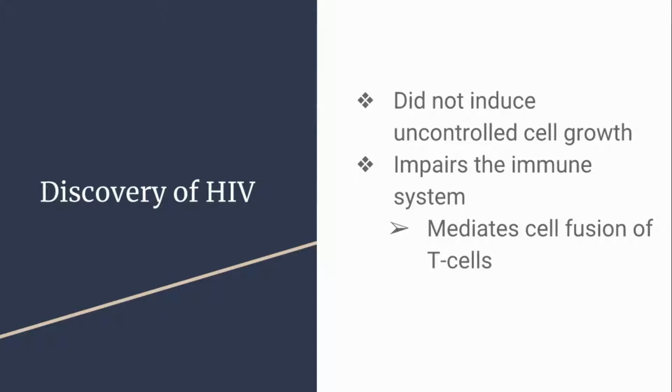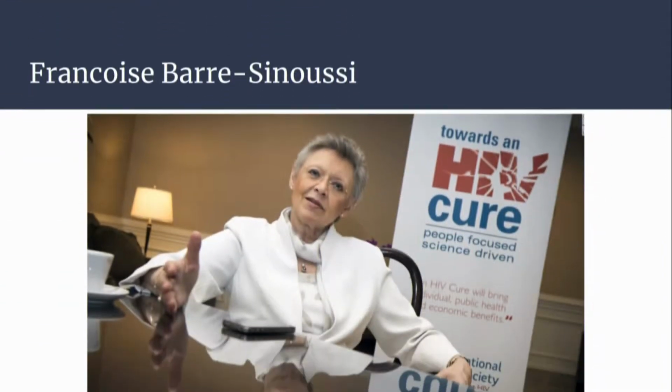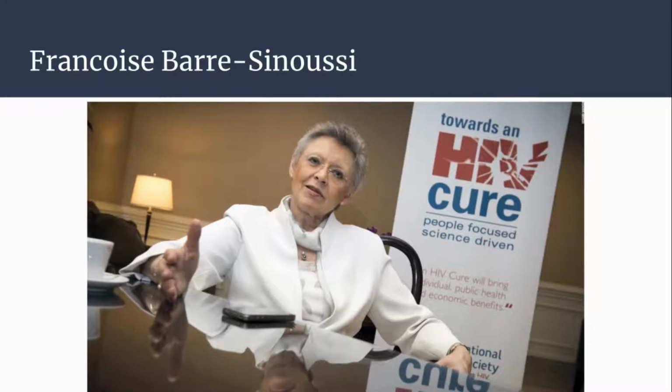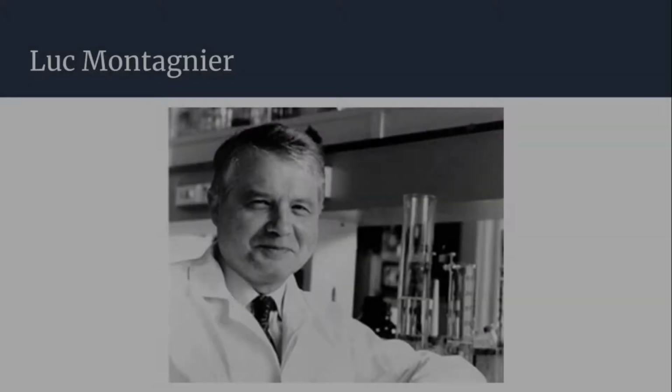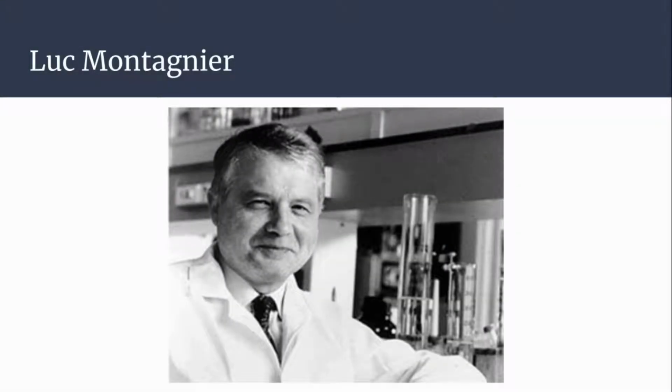Instead, the virus required cell activation for replication and mediated cell fusion of T lymphocytes. This partly explained how HIV impairs the immune system, since the T cells are essential for immune defense. These are the two scientists that discovered HIV, François Barré-Sinoussi and Luc Montagnier.